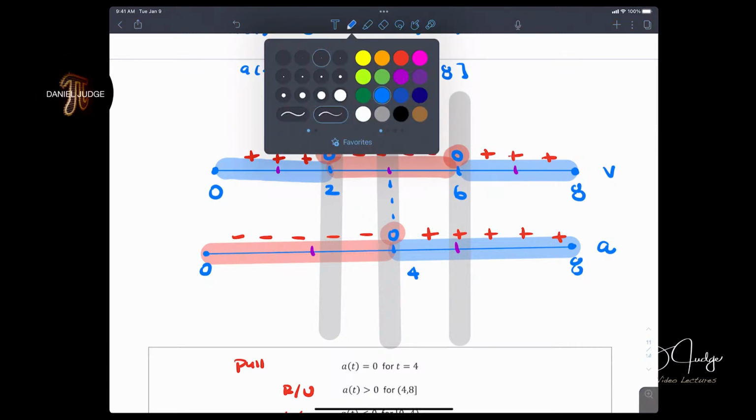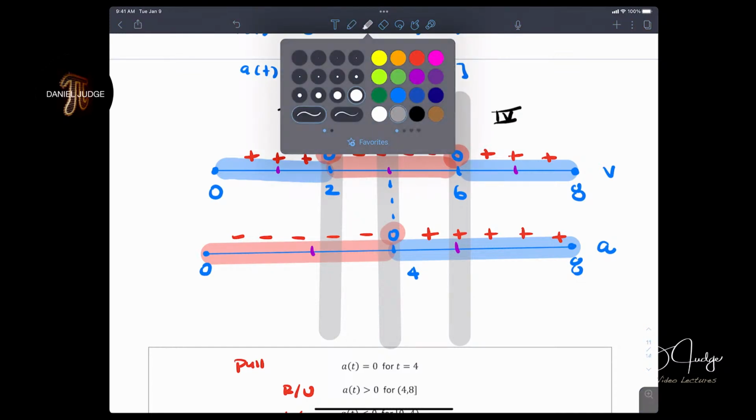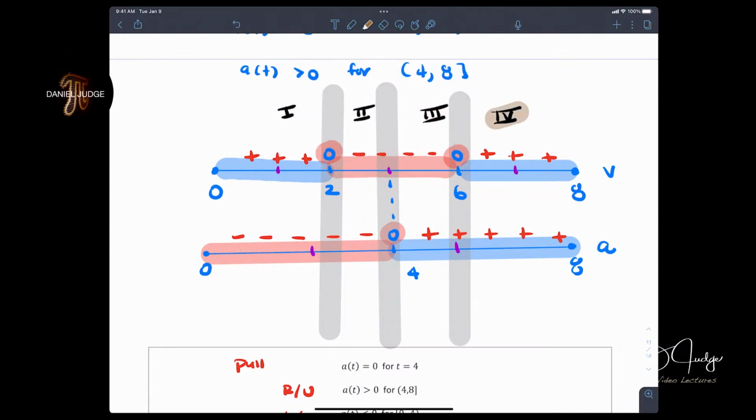And this now partitions. You have now 1, 2, 3, 4 regions. So if I said to you, which regions are both positive, have the same sign? Well, region 4, they're both positive.